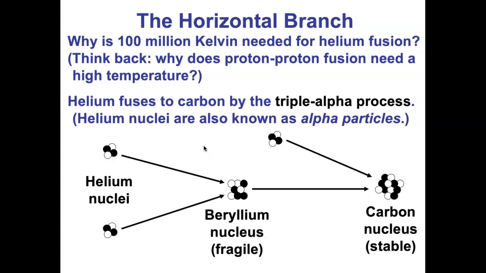That's why it takes until 100 million Kelvin. When you've got more protons in play, more positive charges repelling each other, those atoms need to be hotter in order to fuse. Otherwise, they just bounce off each other.